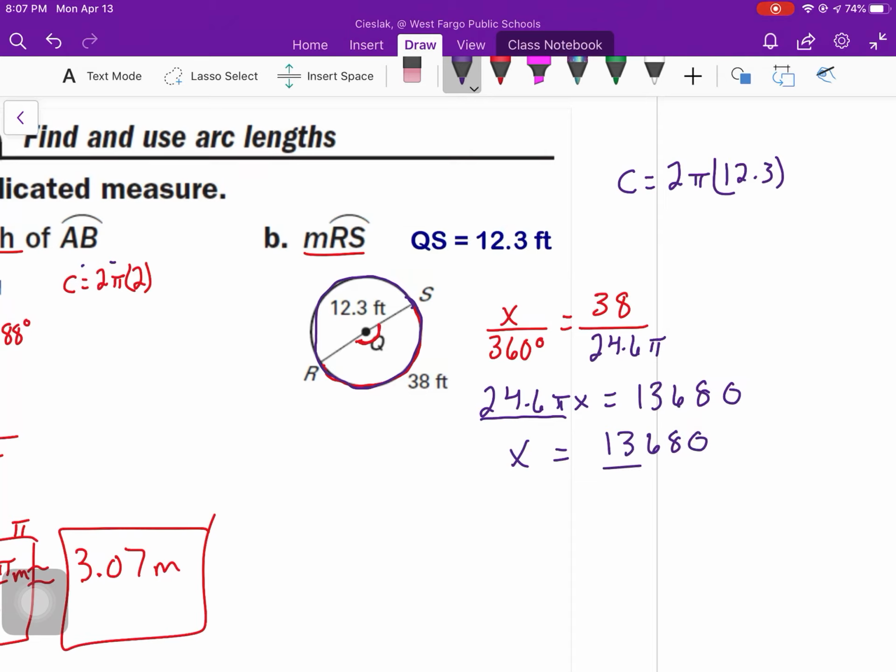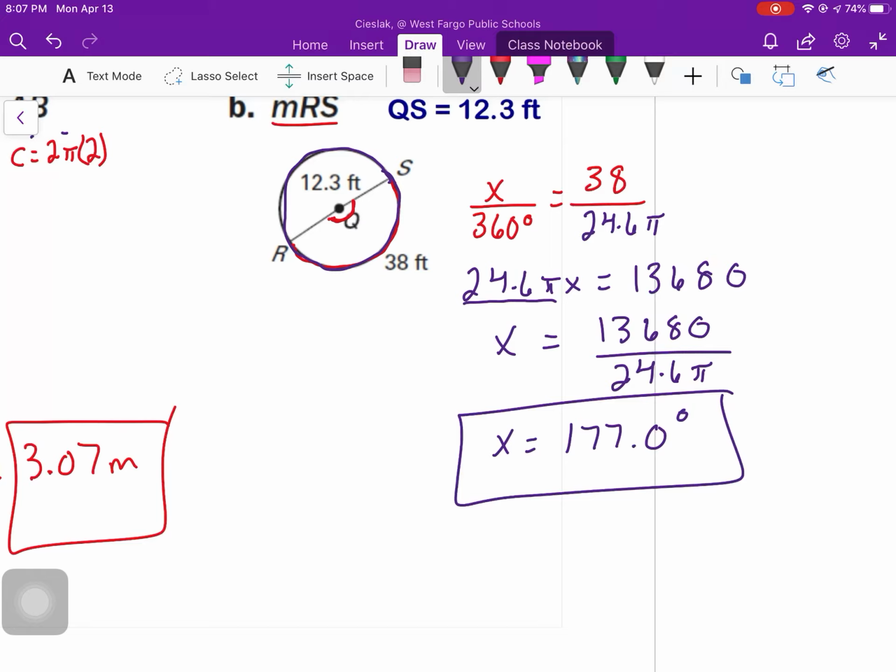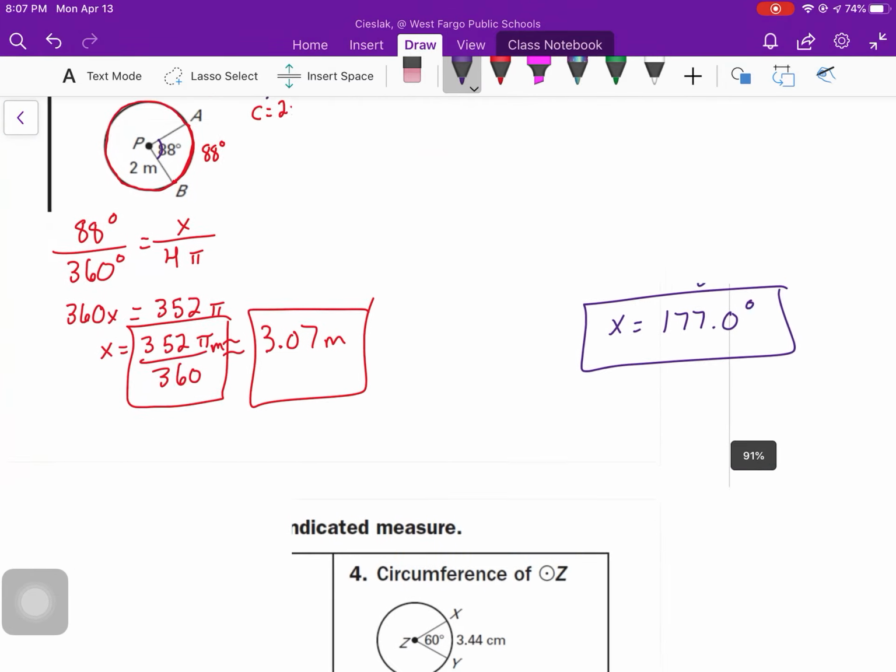So 13,680 over 24.6 pi. You could have divided by 24.6 and then divided by pi, but you can just do it all in one step. Now remember, we're looking for an angle measure here, the measure of that arc. So your answer comes out to be 177.0 if we go to the nearest tenth. The label on that is degrees, because we were finding the measure of the arc.